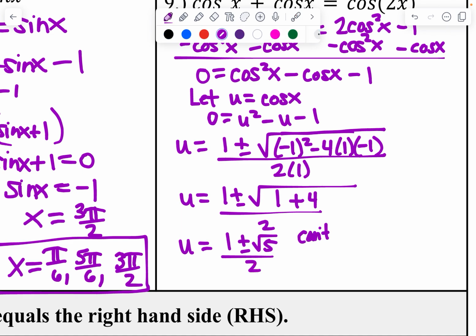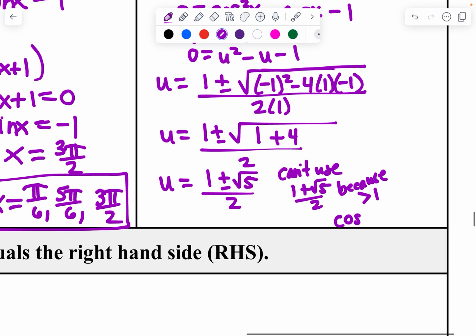So we can't use 1 plus the square root of 5 over 2 because that's bigger than 1, and cosine is always less than 1. Same with sine, because remember, cosine is the adjacent side over the hypotenuse, and hypotenuse has to be the longest side of the right triangle. So you're always going to have the biggest value in the denominator, which means the value of the fraction is less than 1. So we toss that one out.